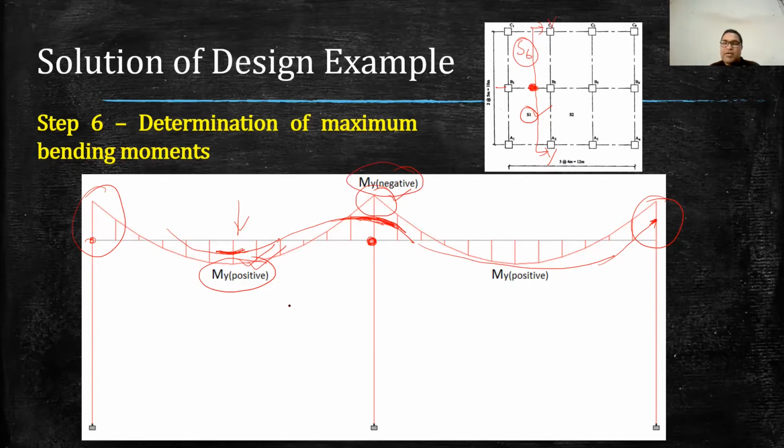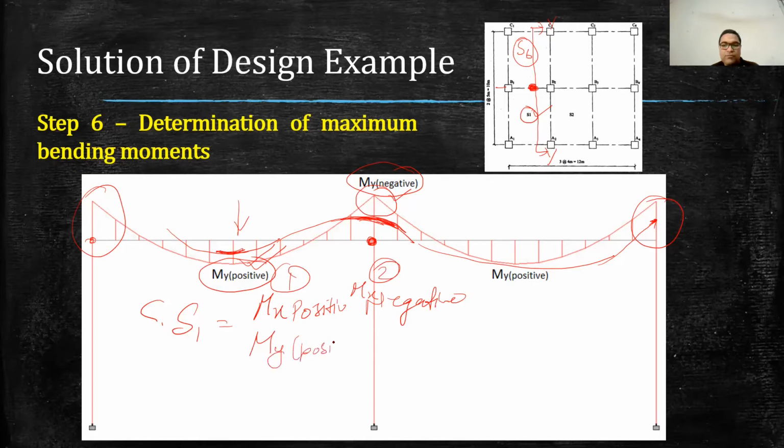Therefore, ultimately, for slab S1 we are required to find out Mx positive and negative, and similarly along the longer span of slab S1, My positive and negative.